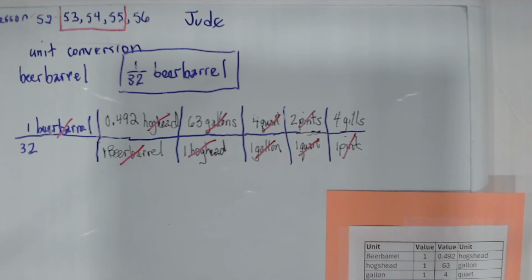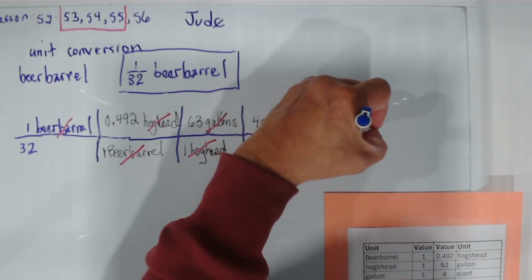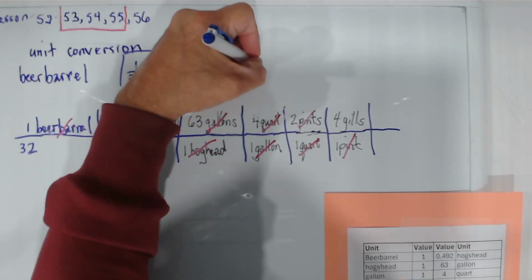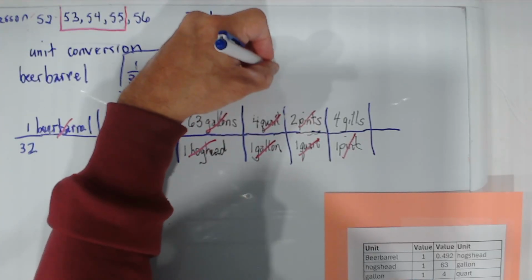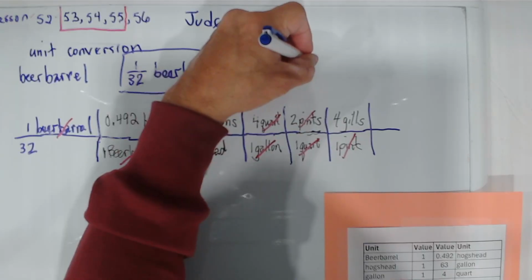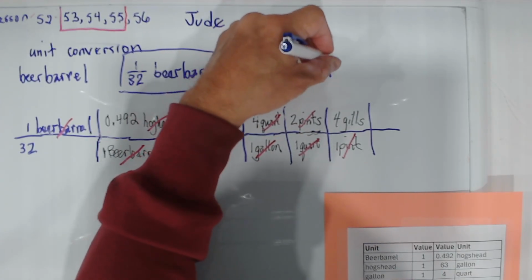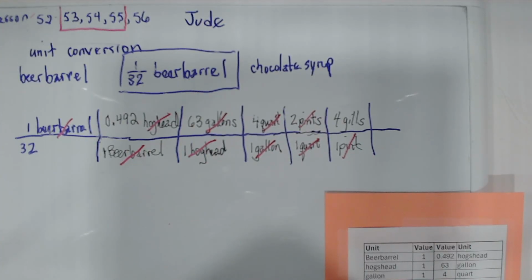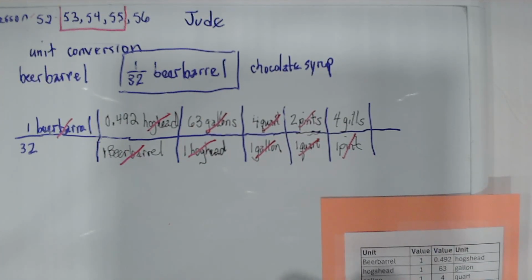I think we've got room for 1 more conversion. And good thing too, because we can go from gills to ounces and see what that is. And remember, this is chocolate syrup. Yum. Okay, if we're going to go from gills to ounces, you see 1 gill is 4 ounces.